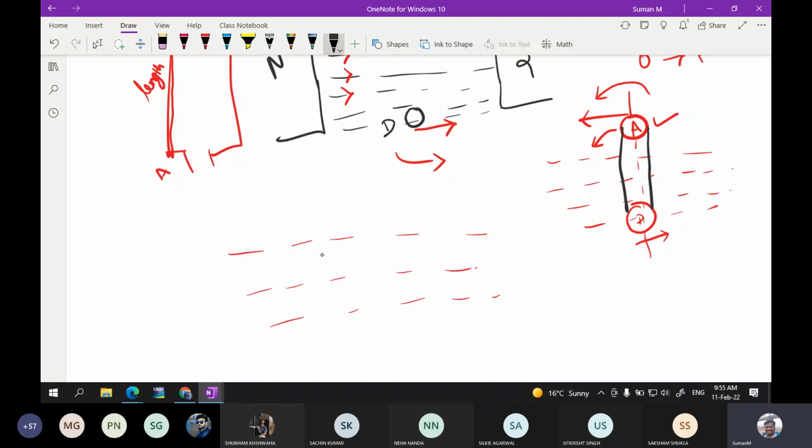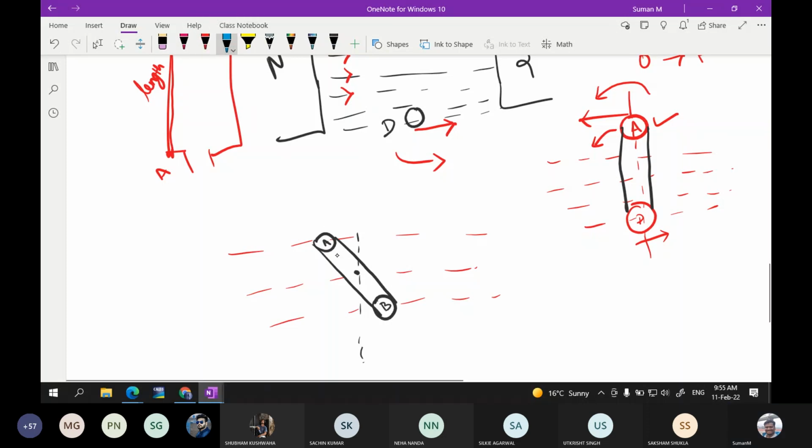Now let's say that this has moved and come to this position like this. This is position A and this is position B. This is the axis of rotation. Initially it was here. Now it has moved to this position, right?